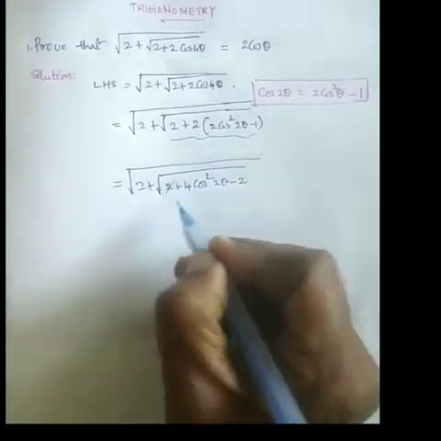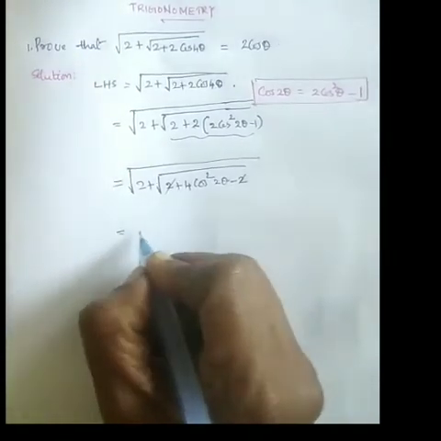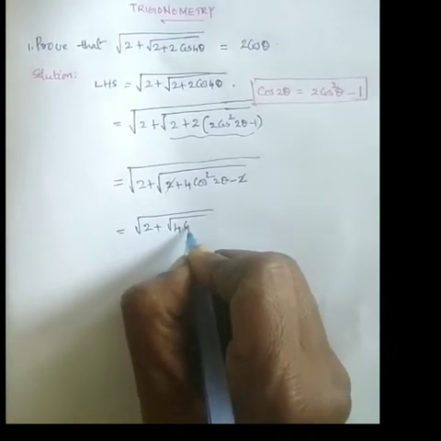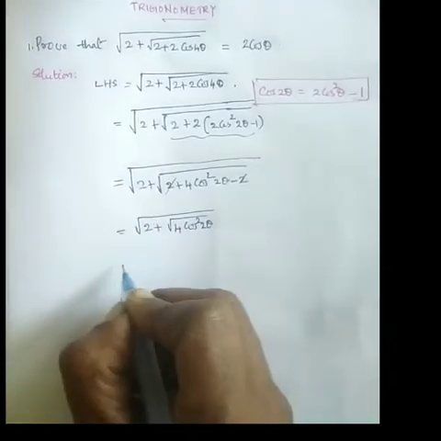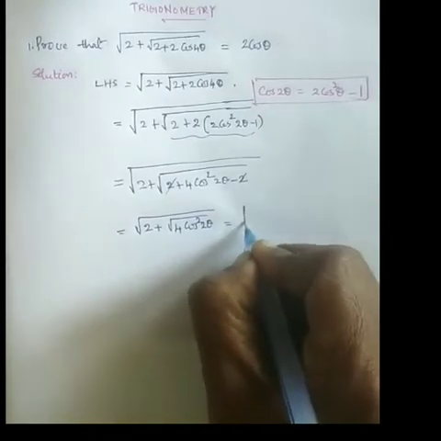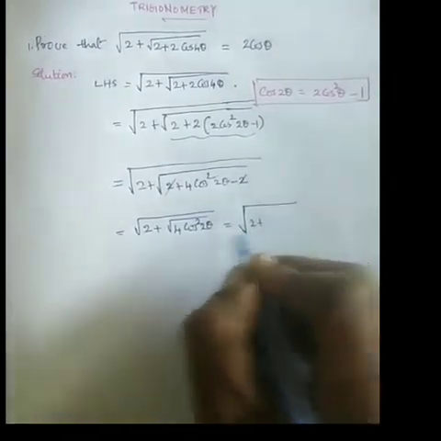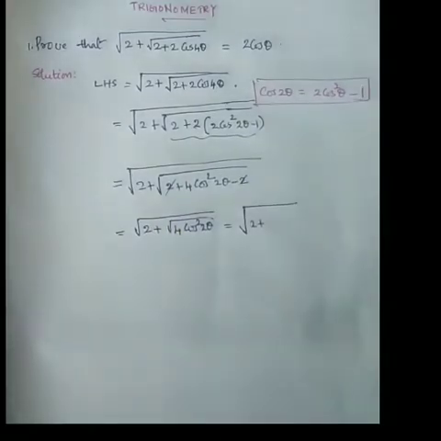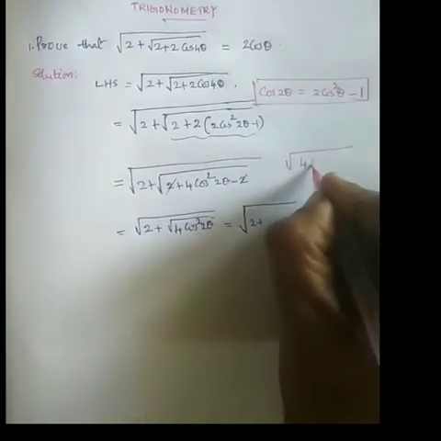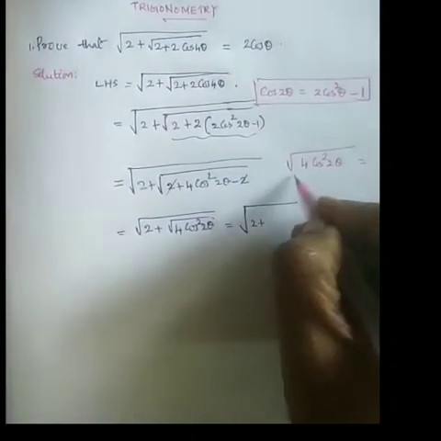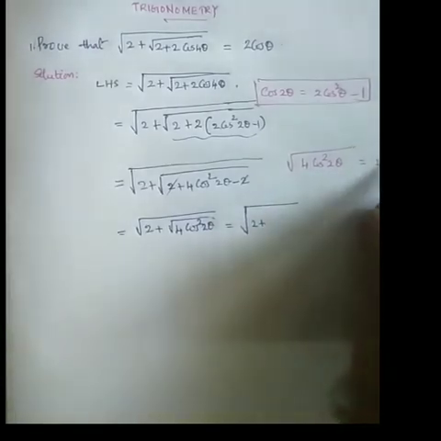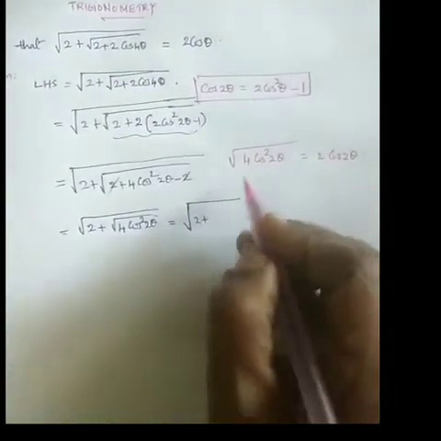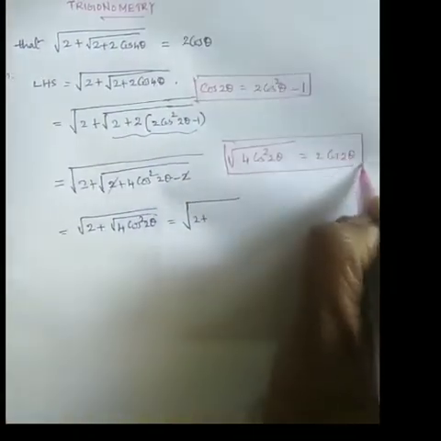The 2 and 2 cancel and the remaining is square root of 2 plus square root of 4 cos square 2 theta.